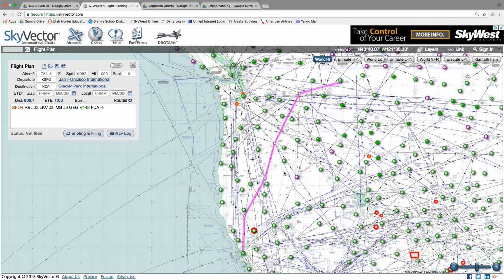There's an RNAV procedure that San Francisco likes to use when departing out of there. Our ERJs aren't capable of flying that RNAV procedure, and so we have to alter our ATC strip to reflect that.